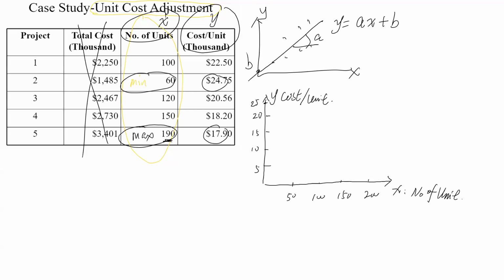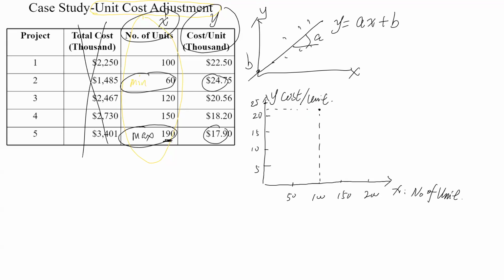So first we have 101. So for project A, we have 101. And the cost per unit is 22.5. 22.5 is here. So 20. Does that make sense? How to put the point into the plot, right?